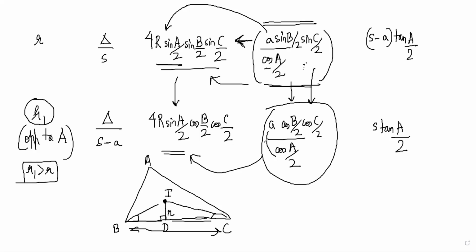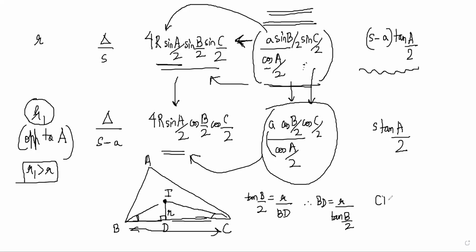right? Then there was s minus a tan. Also, by the way, how does this formula come? This formula comes when you take a triangle, I is the in center, you drop a perpendicular from I, and that is called small r, and you say that this angle must be b by 2. So you must have tan of b by 2 is equal to r by bd, and therefore bd is equal to r by tan b by 2. Similarly, CD will come as R by tan C by 2.